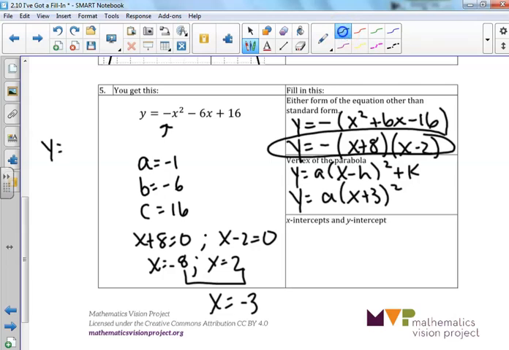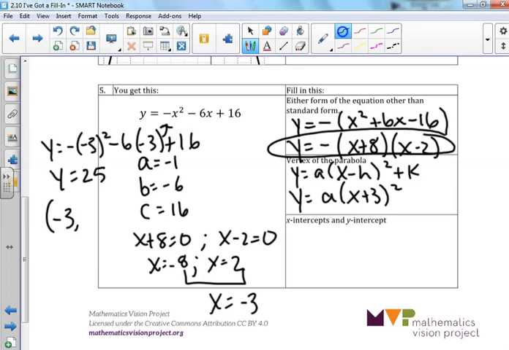So y = -(-3)² − 6(-3) + 16. When we simplify that, we should get 25. So our vertex would be the point (-3, 25). Therefore, this number on the end should be +25.